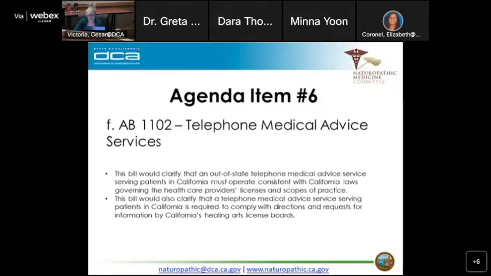But it would clarify that an out-of-state telephone medical advice service that serves patients in California has to operate consistent with California laws, including scope of practice laws, complying with the directions provided by healing arts boards and other entities governing healthcare. Next slide, please.